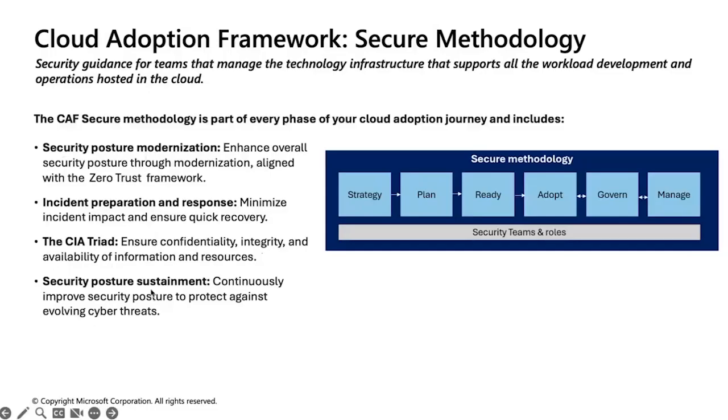Also, security posture sustainment, like continuously improving security posture to protect against evolving cyber threats. These are the concepts, and for that we bring in different kinds of solutions. That secure methodology we follow in all these phases, like strategy, plan, ready, adopt, even governance and management. Everywhere the secure methodology is being used.